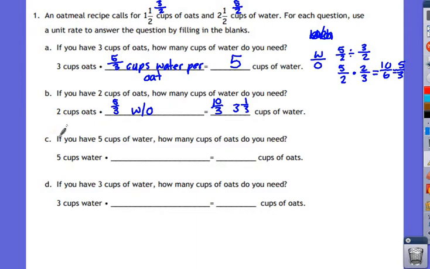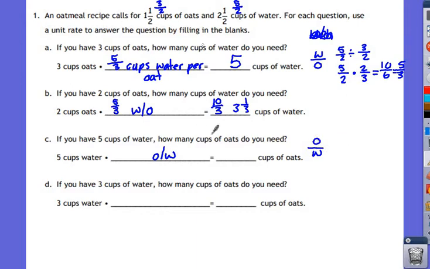Alright, C, if you have 5 cups of water, how many cups of oats do you need? Alright, so we're changing it up. So I was finding water per oats. Now I'm finding oats per water. So my fraction or division problem is different. Oats divided by water, per, that's your division.